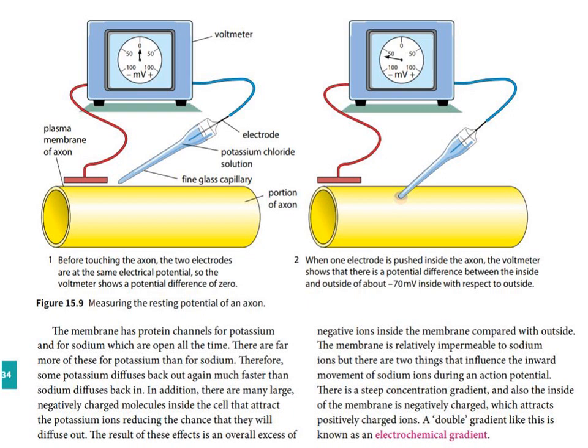I'll show you diagrammatically how you can represent this. But what I want to make clear right now is that sodium is always higher on the outside, and it has a higher charge density than potassium as well. Wherever sodium is more, the charge density of positive ions will be more, and obviously that environment will be more positively charged.